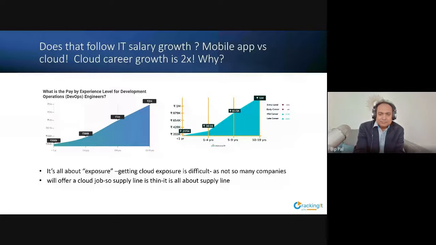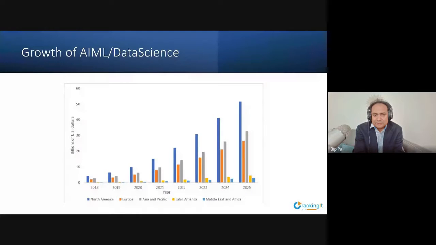Another example is AI/ML. Now everybody wants to learn data analytics and AI/ML, and it's going very fast. As an industry, it's growing almost 30% year to year. So the point is, should you jump into AI/ML or data analytics, as many of your friends are trying?